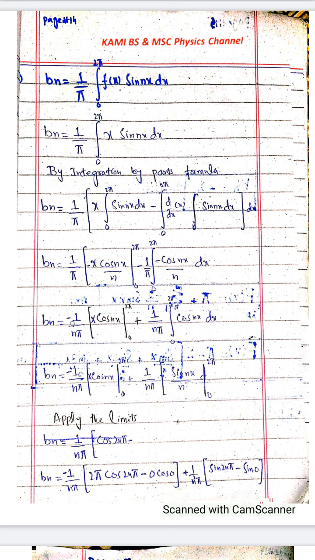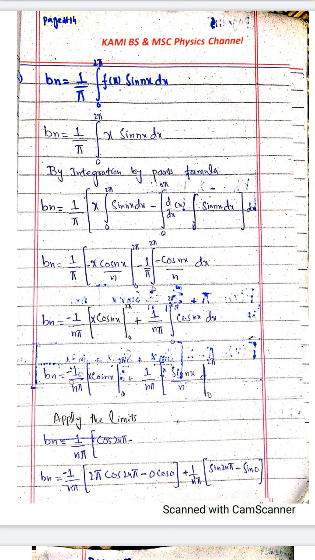Now bn is equal to minus, this minus is put before the bracket, so minus 1 over n pi, this n is multiplied with pi, and this is x cos nx, limit 0 to 2 pi, plus this minus will multiply with this minus, so we will get plus 1 over n pi integral 0 to 2 pi cos nx dx.